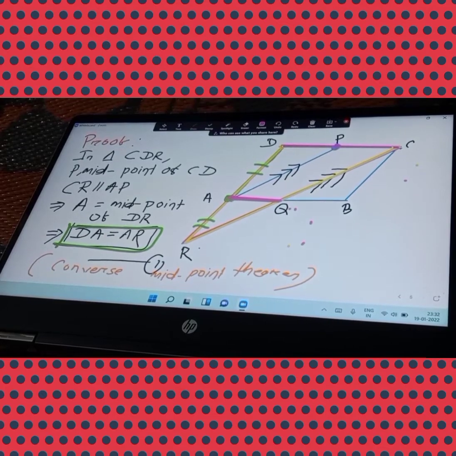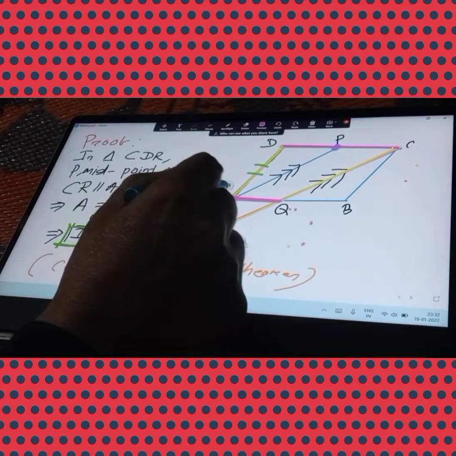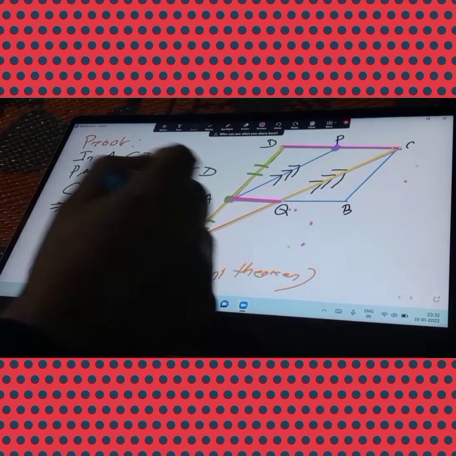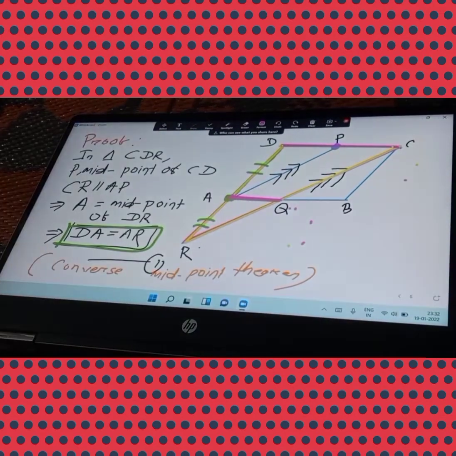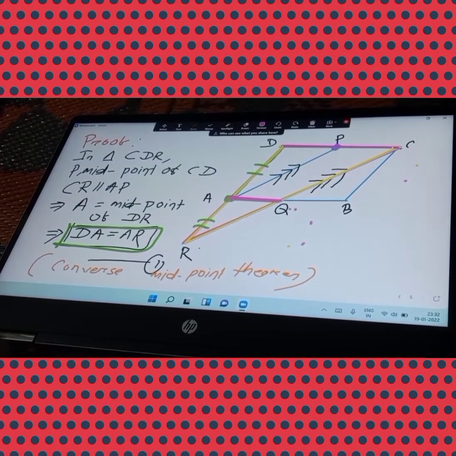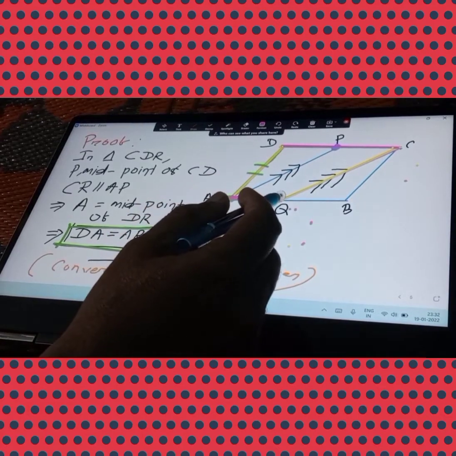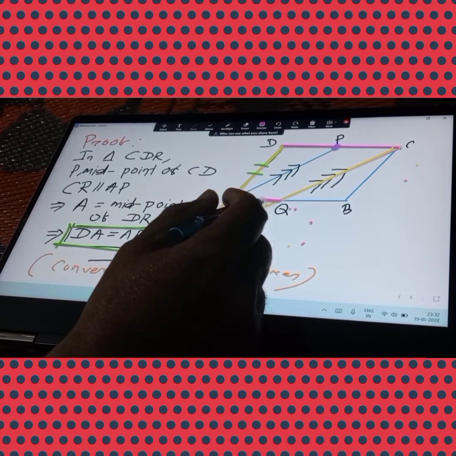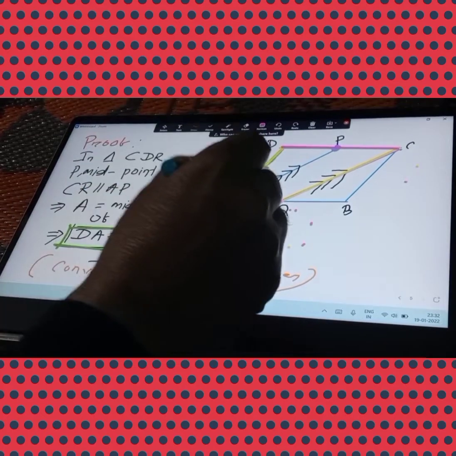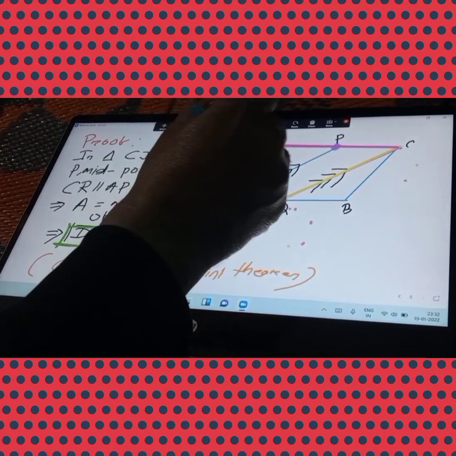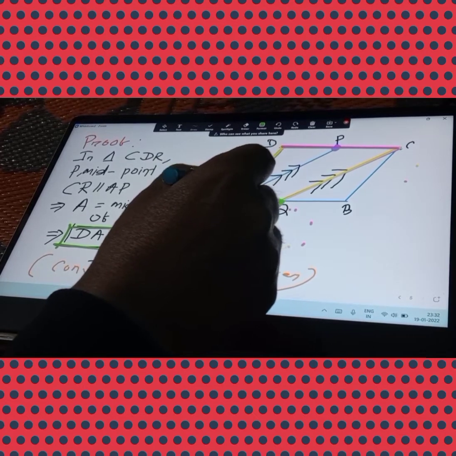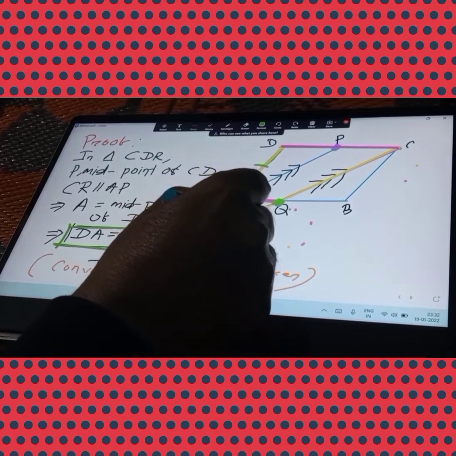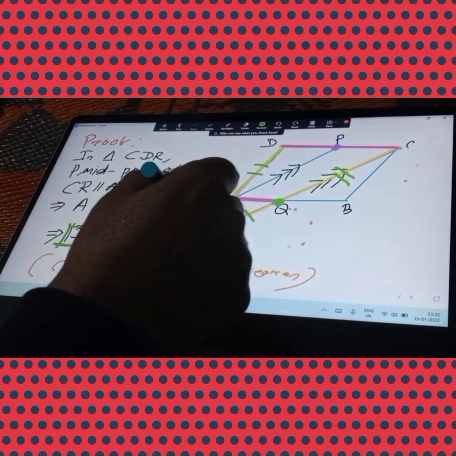So similar process, according to the converse midpoint theorem, A is the midpoint of the side DR and AQ is parallel to CD. So according to the converse midpoint theorem, Q will be the midpoint of the side CR. It means CQ is equal to RQ.